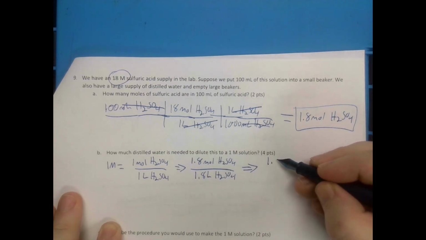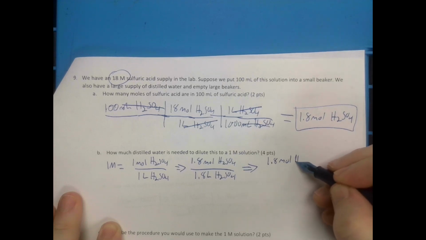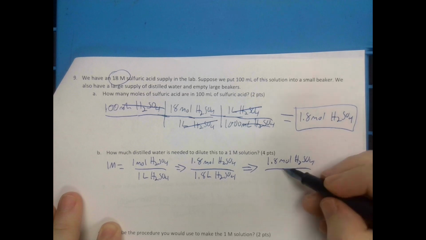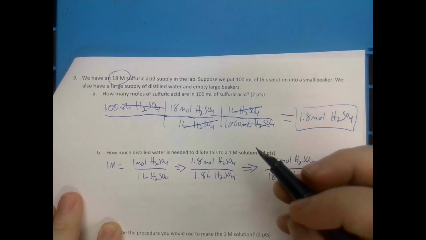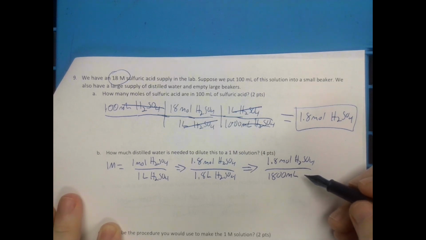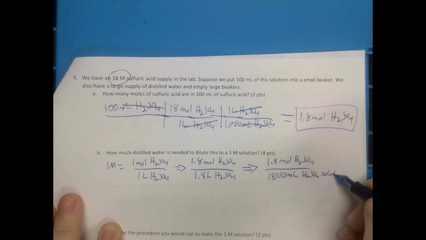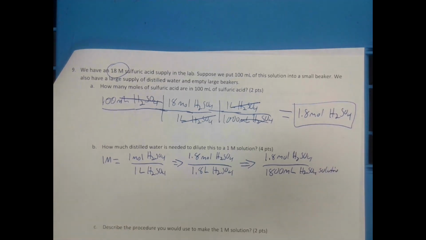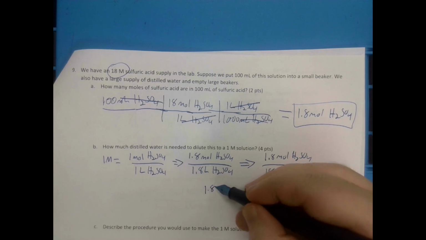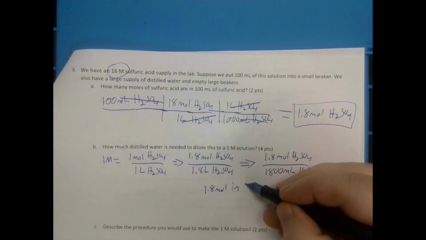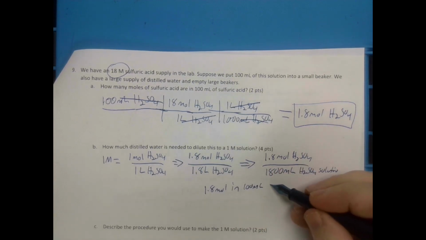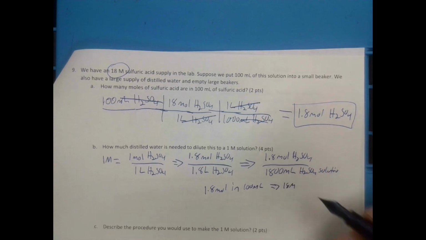So what you need to do is put 1.8 moles of sulfuric acid into 1,800 milliliters of solution. We currently have 1.8 moles in 100 milliliters, and that gave us the 18 molar.